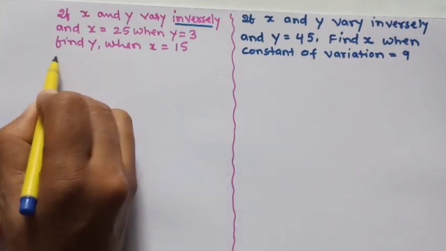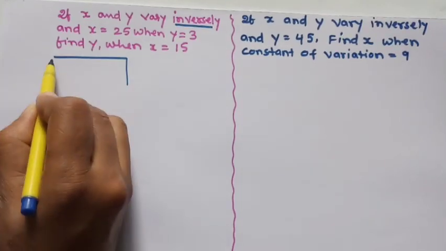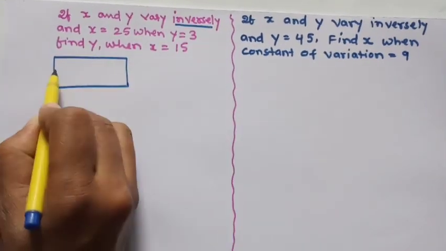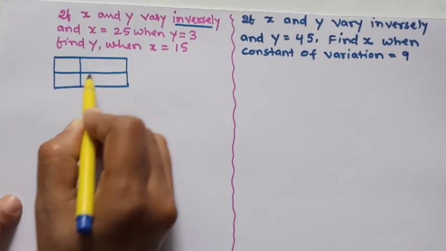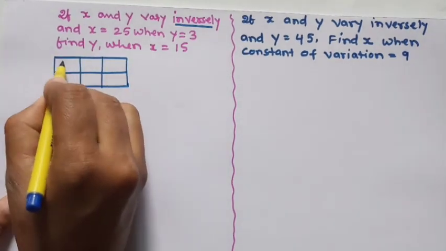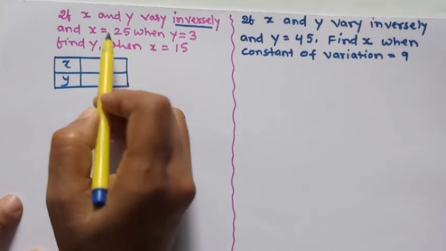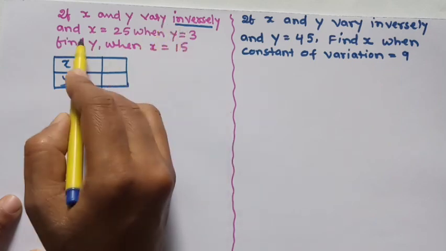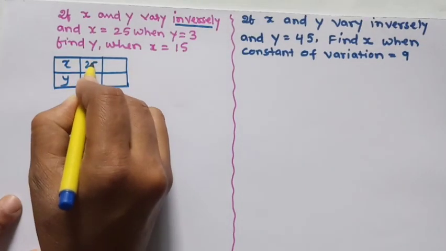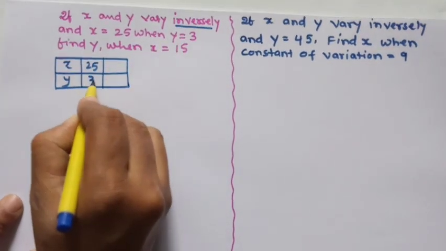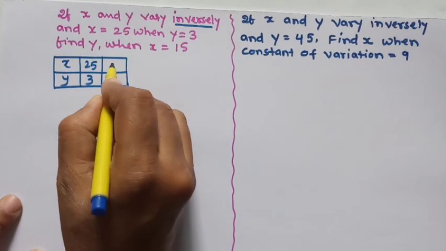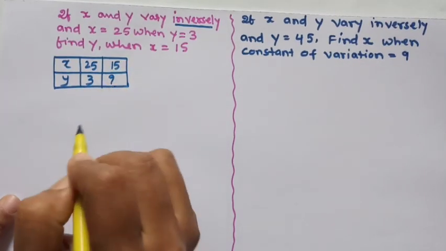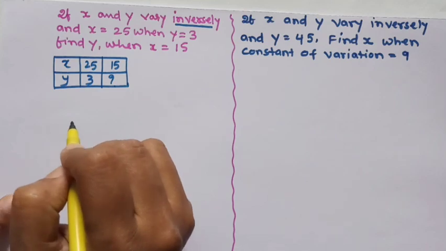In these types of sums, it would be better if you draw the columns or the table. This gives you a better look at the values of x and y. X is 25 when y is 3, and when x equal to 15, you have to find y. You don't know the value of y.